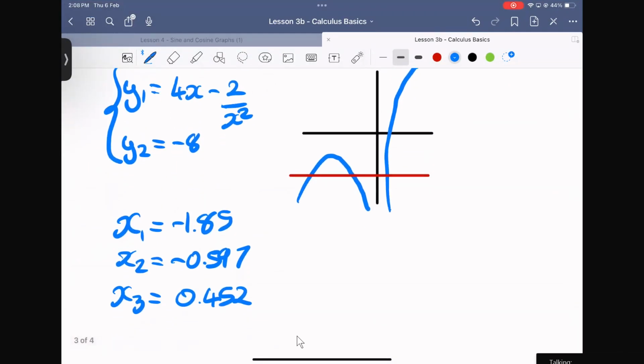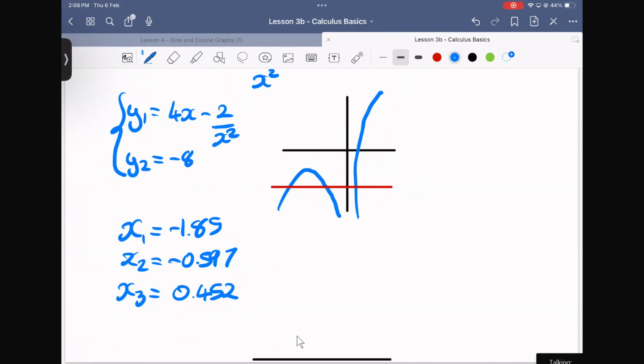Okay, so there we see our sketch of the graph, and we see our three solutions to the equation.